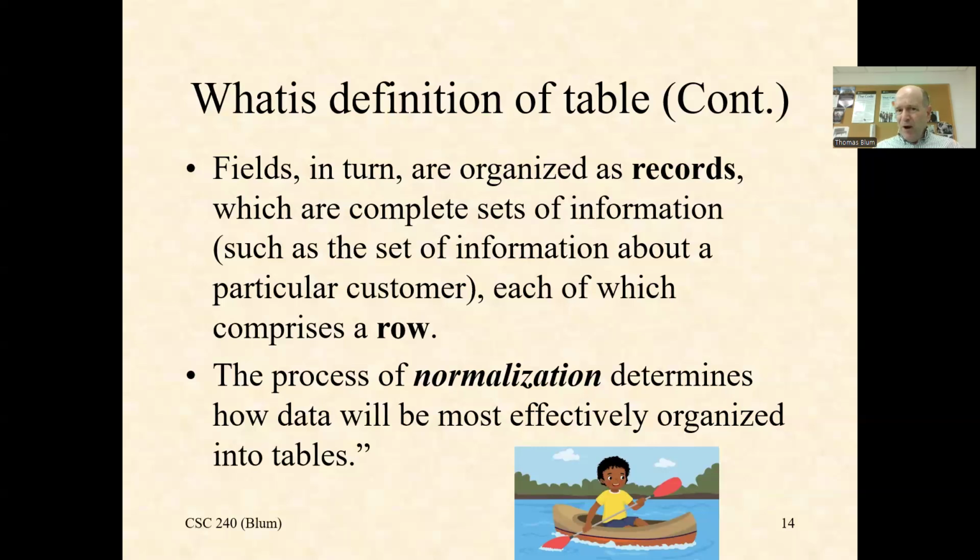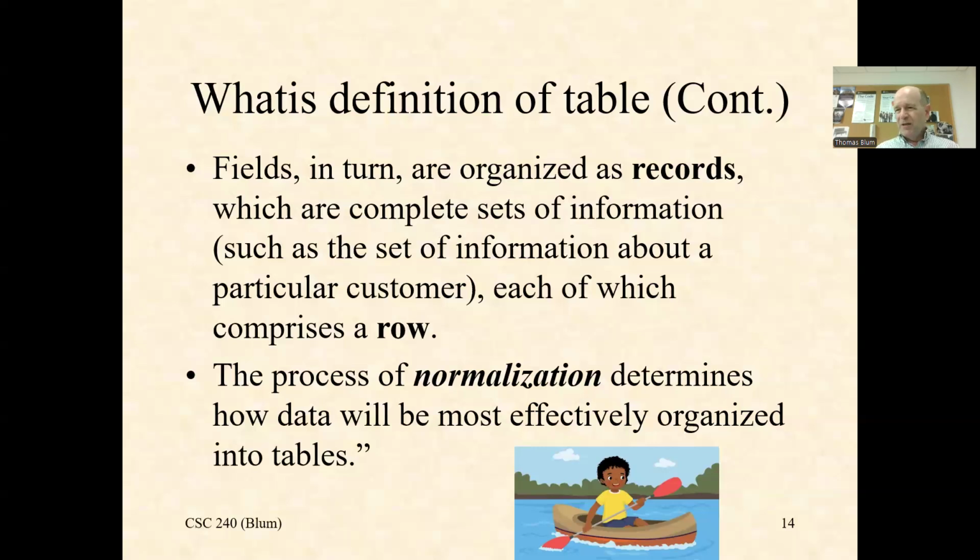And there is a process called normalization, which helps you organize your data. There are lots of ideas in this concept of relational databases about how to organize the data so that it will be efficient, allow you to get the information out of it, and not take up too much space, not be redundant, and not have errors in it.